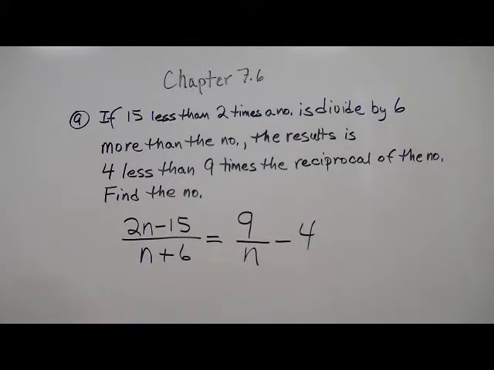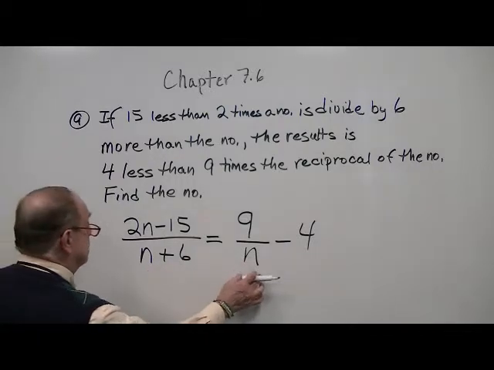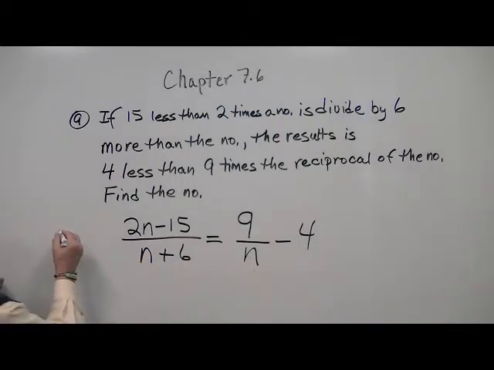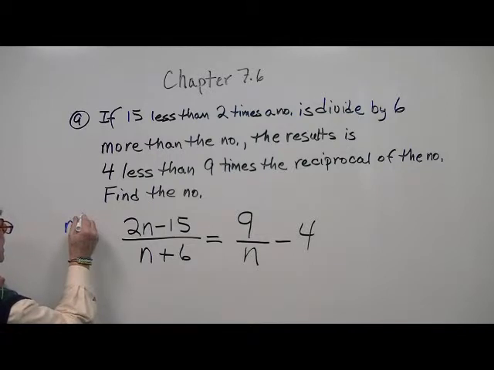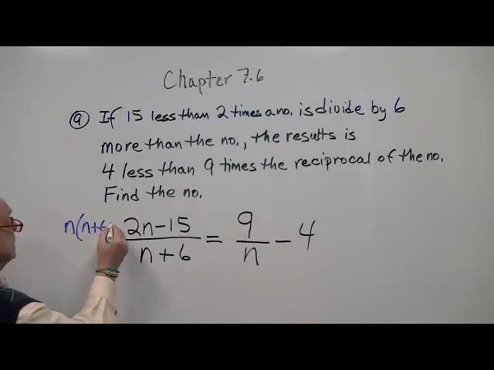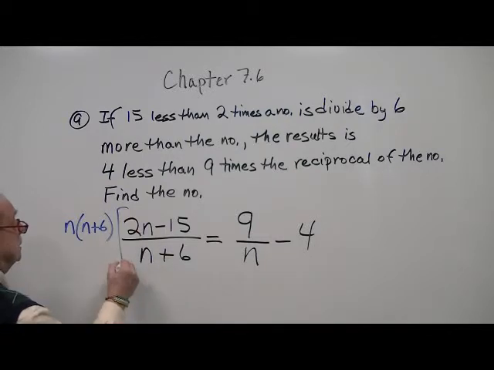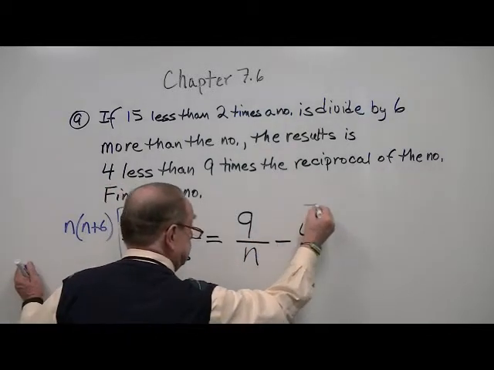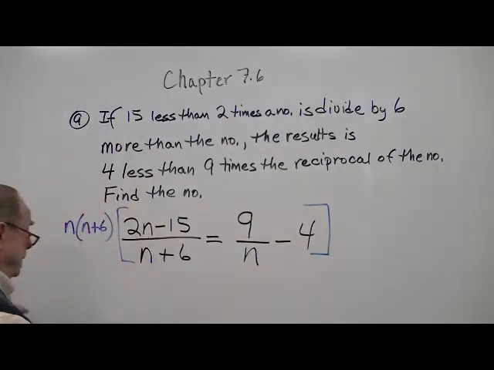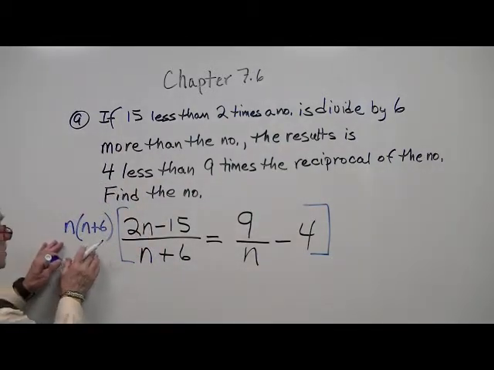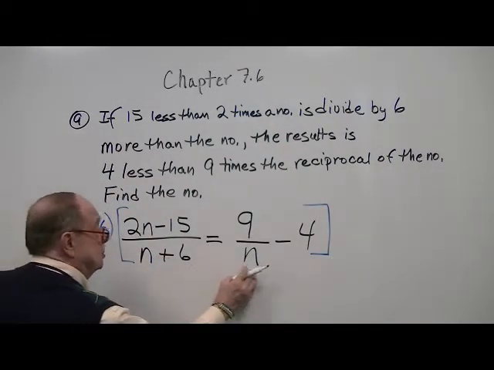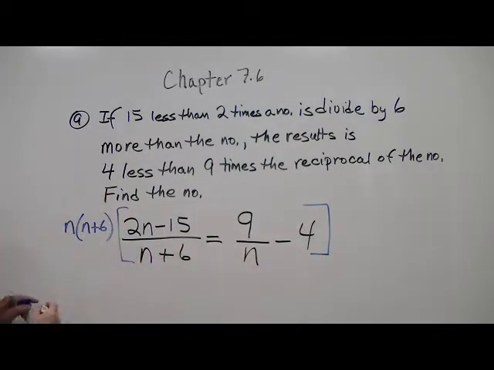And this is rather difficult, because what's our common denominator here? Well, our common denominator is this and this. So we have to multiply everything by n and n plus 6. I'll use this technique of putting it just out here, but multiplying each term by this.